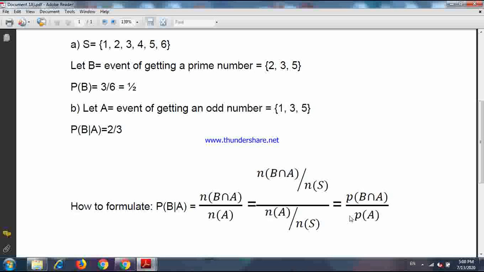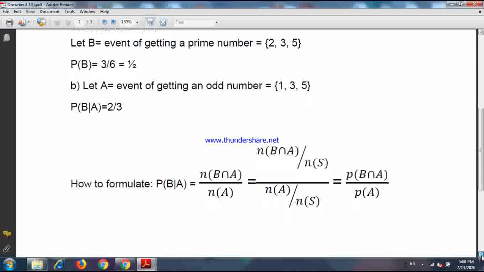Probability B given A equals probability B intersection A divided by P(A). Similarly, we can write probability C given D: probability C intersection D upon probability D. What will be probability A given B? This is probability A intersection B divided by probability B.